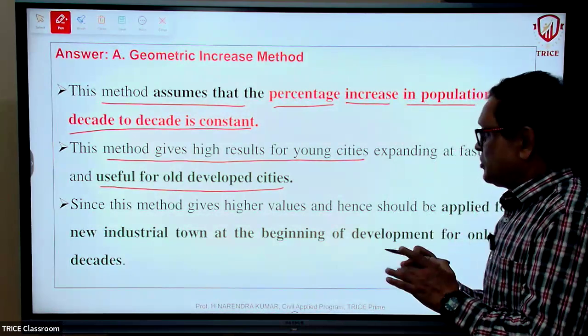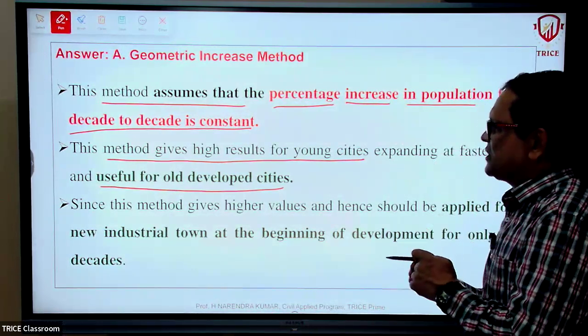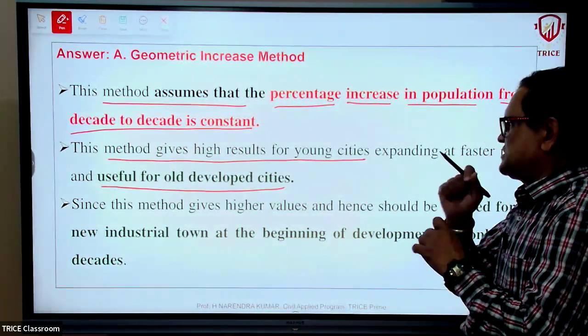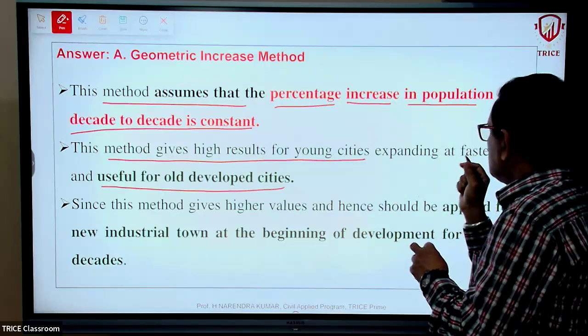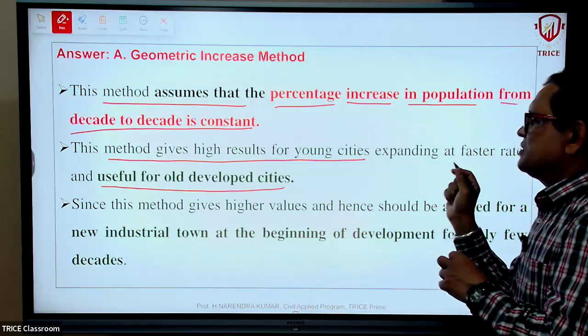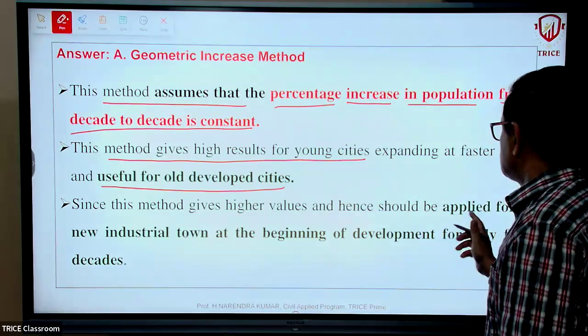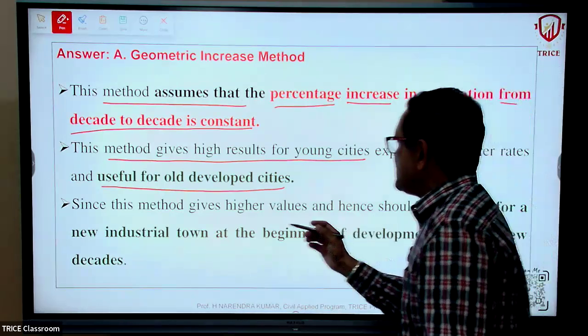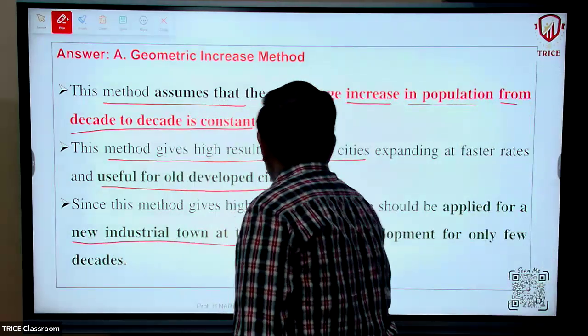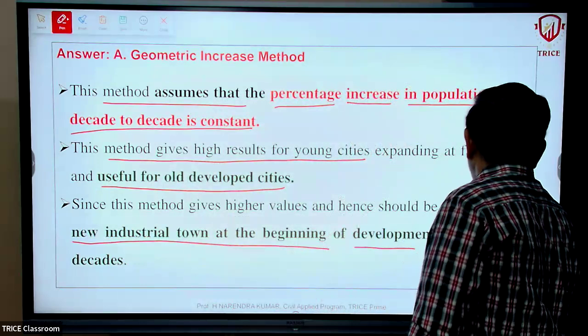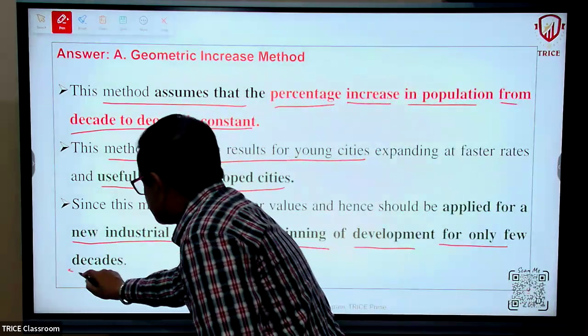So while choosing the geometrical increase method, we need to think twice. We need to understand the importance of this methodology. Since this method gives high values, it should be applied for a new industrial town at the beginning of development, for only a few decades.